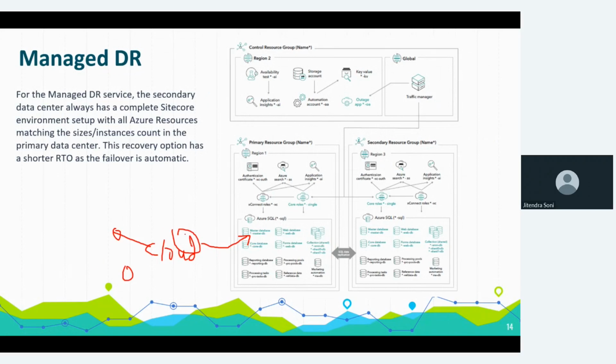If it is not cloud and we have set up Solr somewhere in this particular resource group, then we need to set up a similar Solr here. The indexes will not be available on the secondary resource group, so we have to rebuild the indexes in that case, because there is no connectivity or replication.